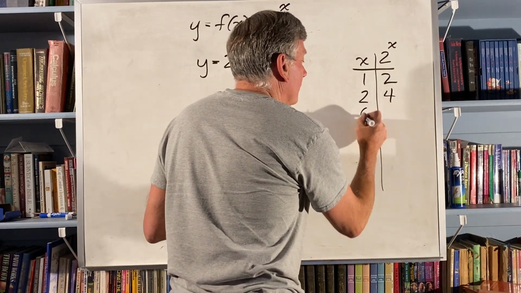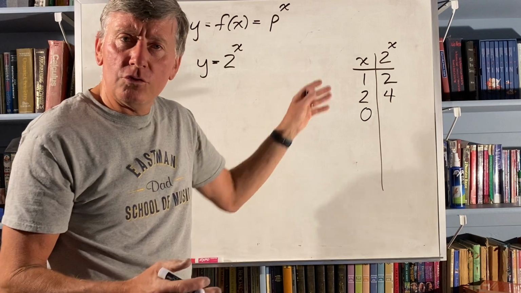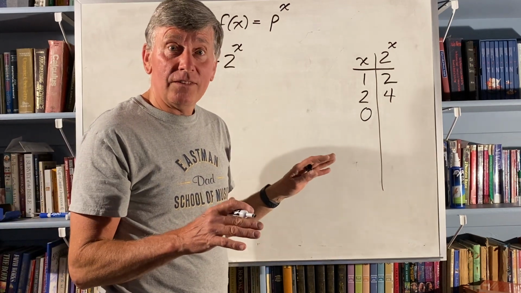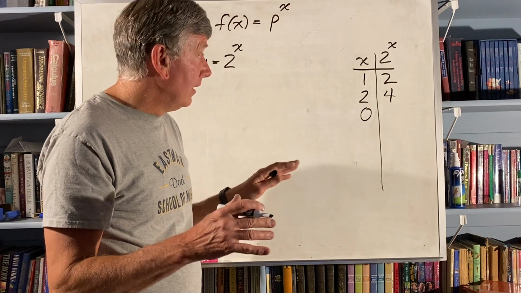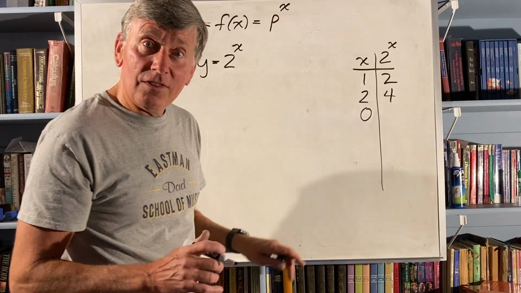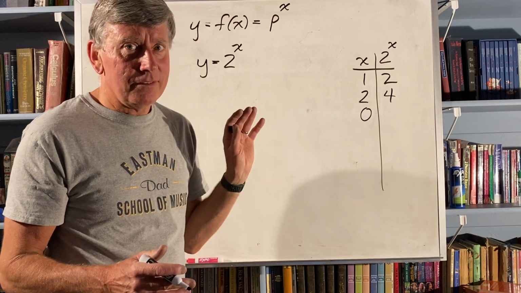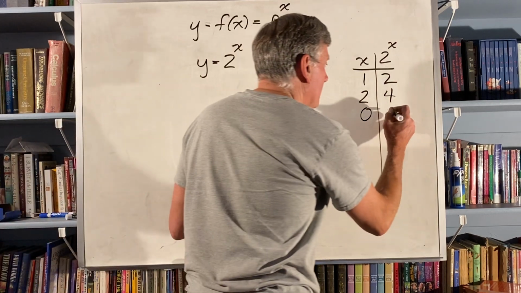When x is 0, remember what 2 to the 0 power is? If you don't, go over your exponents again, but you're going to see that 2 to the 0 power, and anything to the 0 power, mark this, is 1.